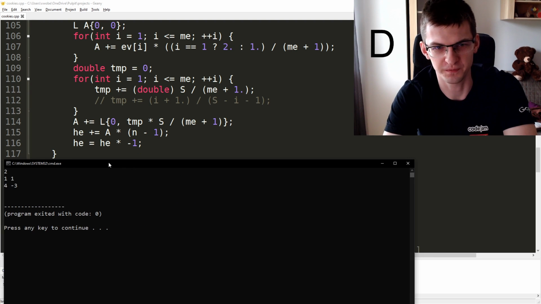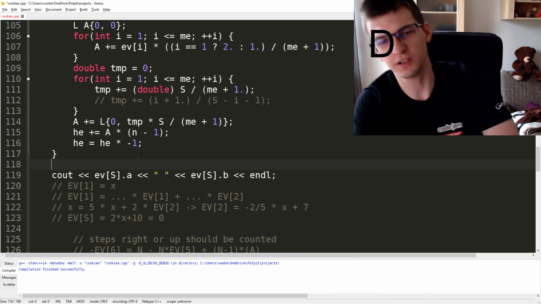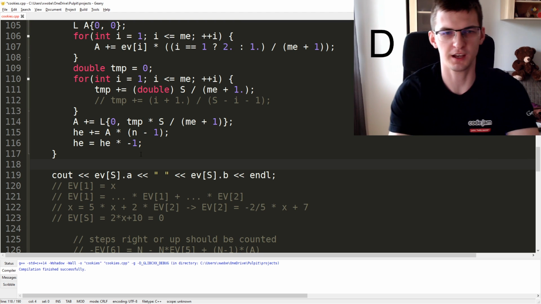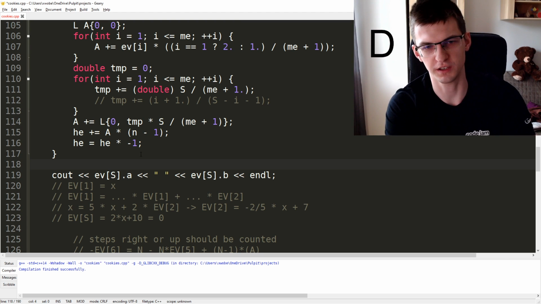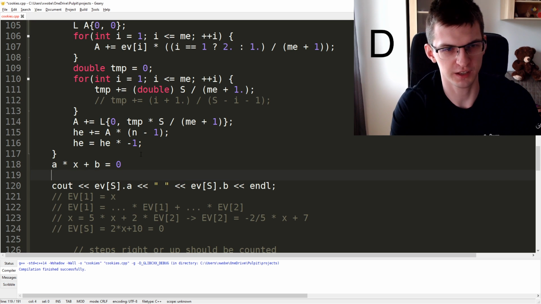4 minus 3. Now, those are reasonable numbers. I know that EV of S is 0, the expected time, if already one person has all the cookies. So I have this formula. A times x plus b is equal 0, and I know a and b. From this I will get that x is minus b over a.